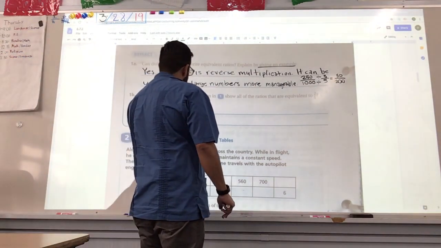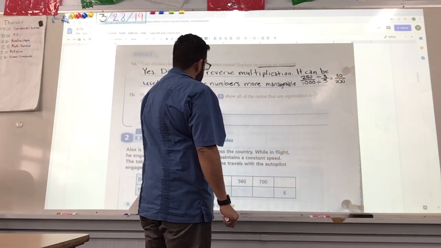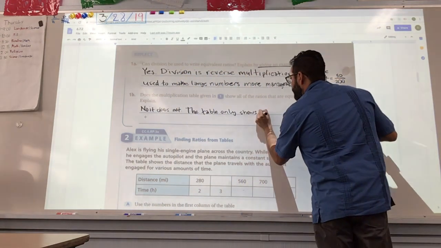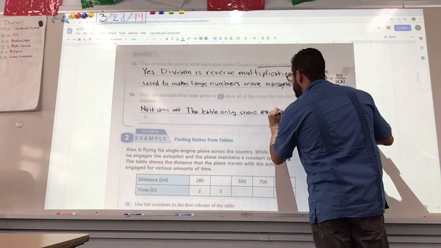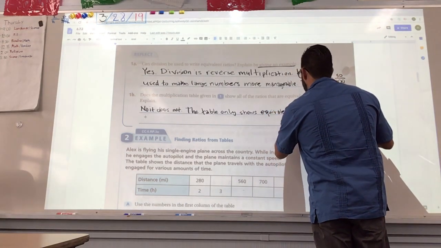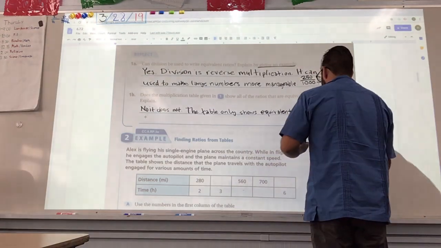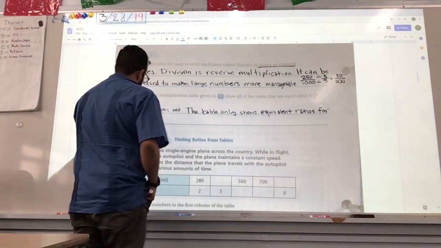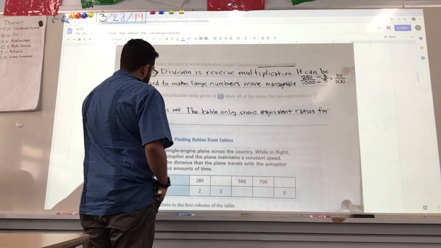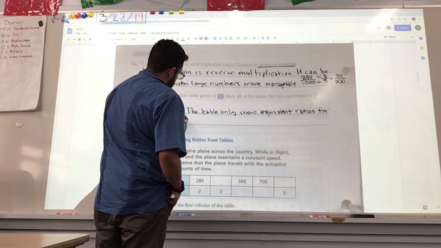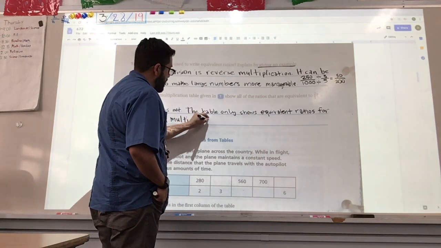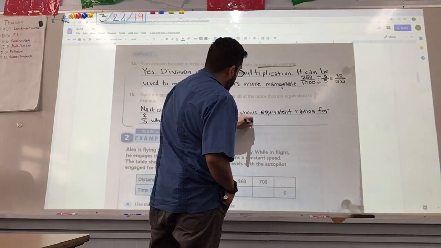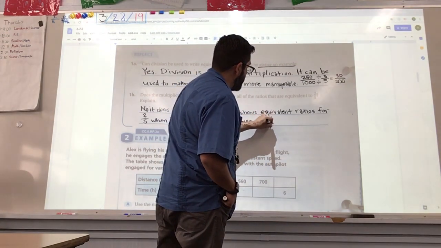No, it does not. The table only shows equivalent ratios for 2/5 when multiplied by numbers between 1 and 10.